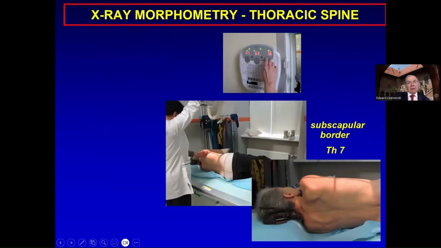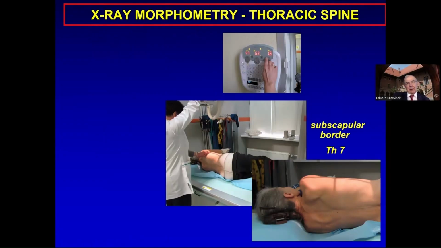And to do the X-ray morphometry, you need a good technician. You have to teach him or her, and there are also guidelines. There are manuals, and it is state of the art. I would say it is not easy.